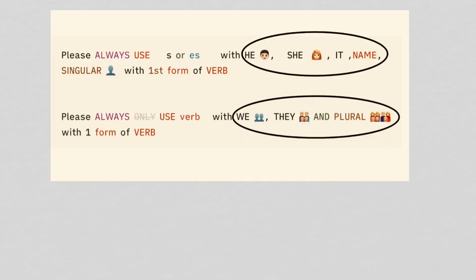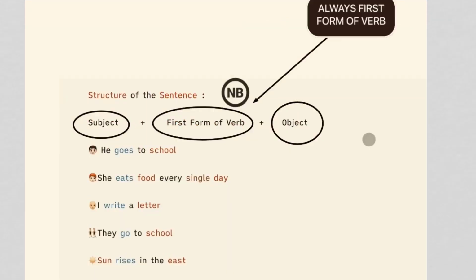Now see for the next one, when it comes to they, more than one person, they, plural. When you have more than one person, we use the term they. So in they go to school, we don't need to write s or es into it, just the first form of the verb.